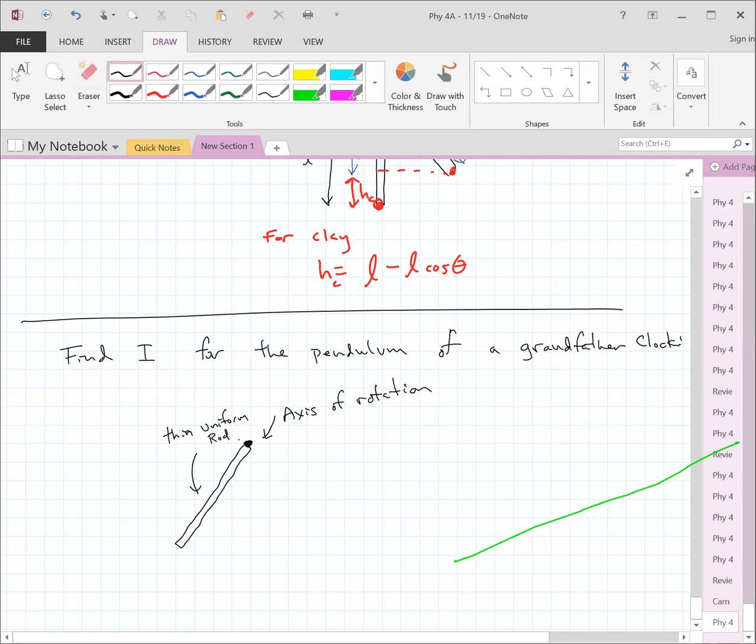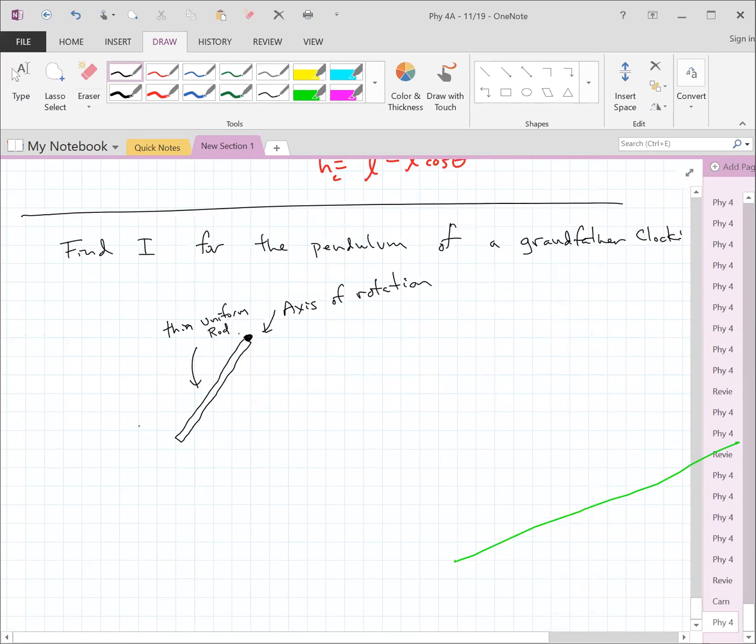And then we've got a disc, a solid uniform disc. And we'll let this radius be R. And we'll let this be 2R.